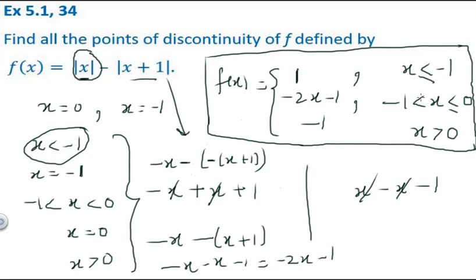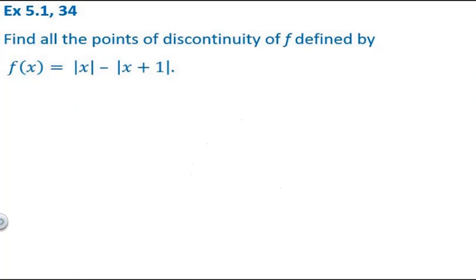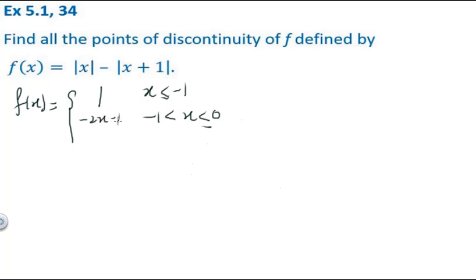So now check for x less than minus 1. I'll just take another sheet and we'll write all the things. What are the function values that we are getting? When it is less than minus 1, the answer is 1. Between minus 1 and 0, we get minus 2x minus 1.